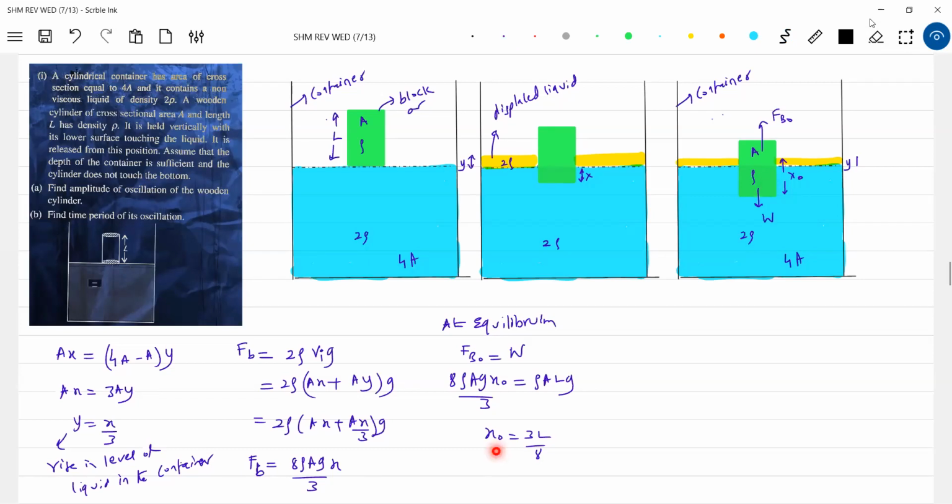Okay, now what is being asked? The amplitude. Now I'll use this particular thing. This was released from rest, and this is the mean position.